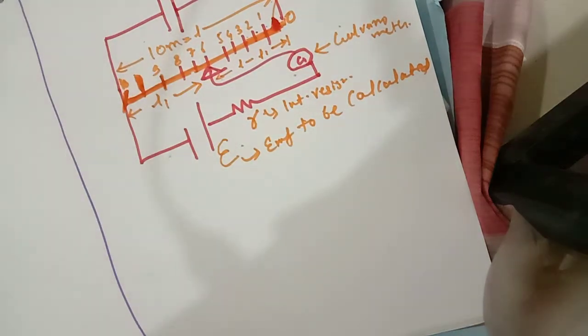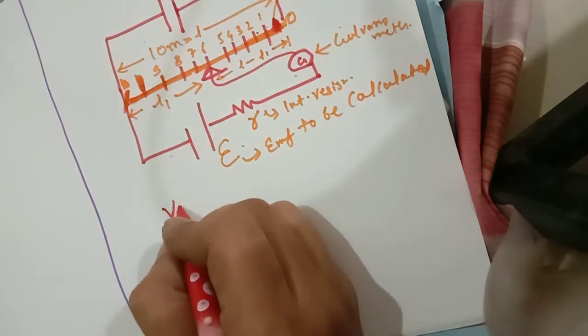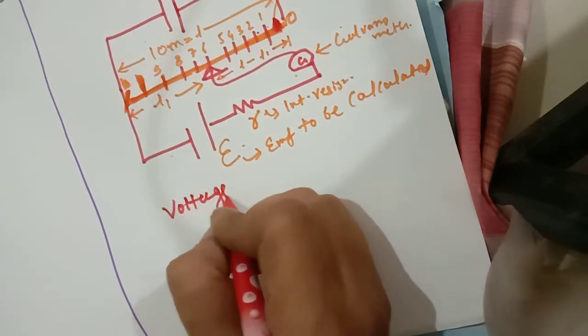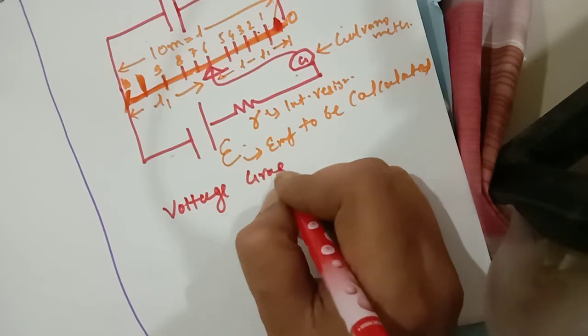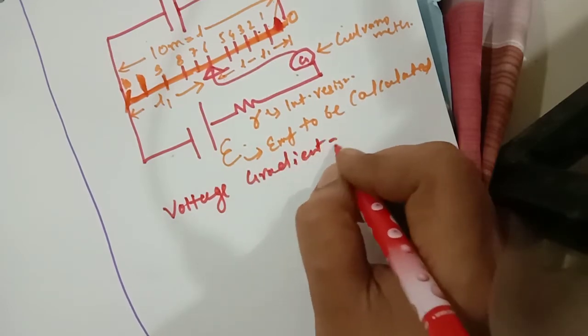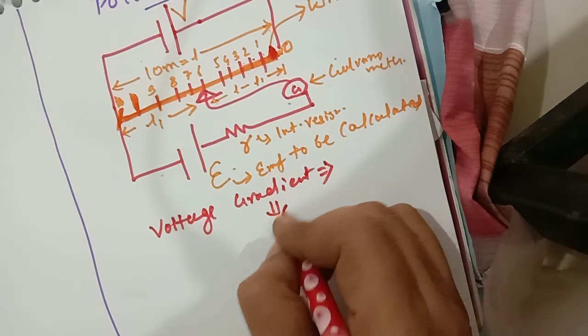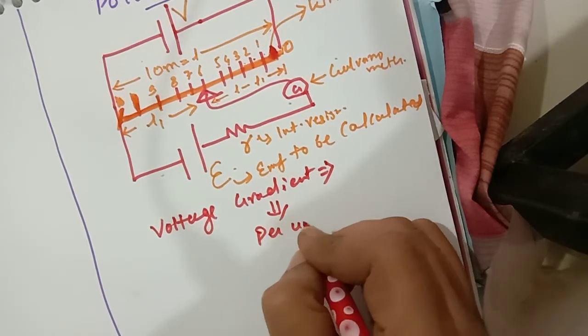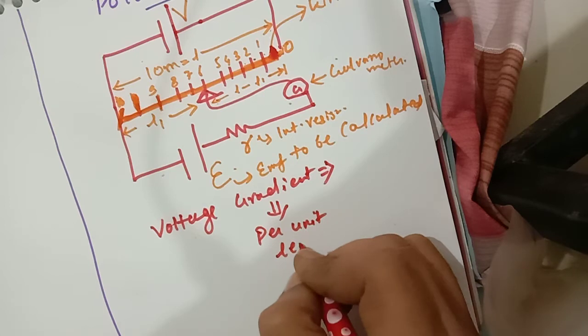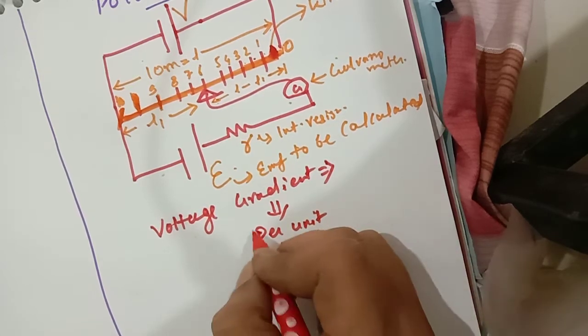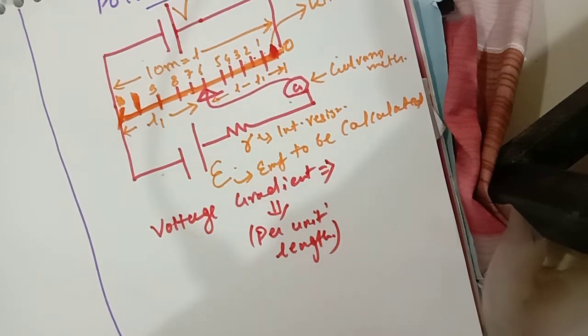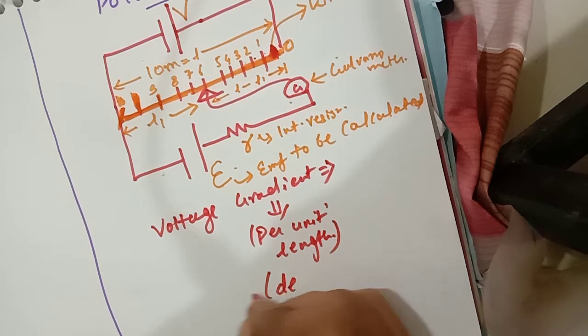A new term you will listen to over here, that is voltage gradient. Voltage gradient, right? Now what is voltage gradient? Gradient means per unit length, and basically it is a decreasing factor.